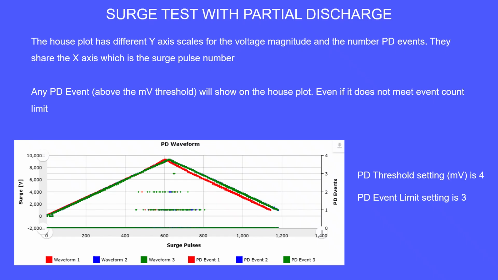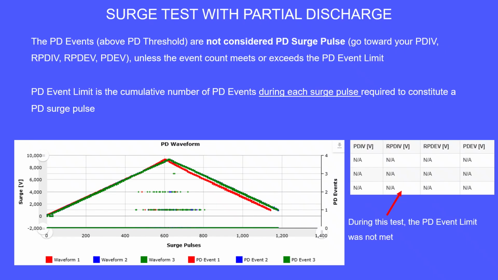The PD events above the PD threshold are not considered a PD surge pulse unless the event count meets or exceeds the PD event limit. PD event limit is the cumulative number of PD events during each surge pulse required to constitute a PD surge pulse.